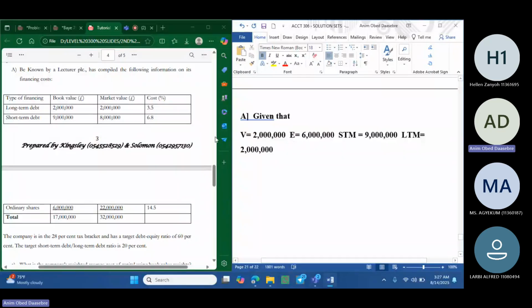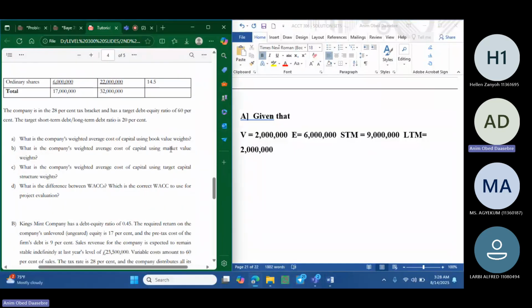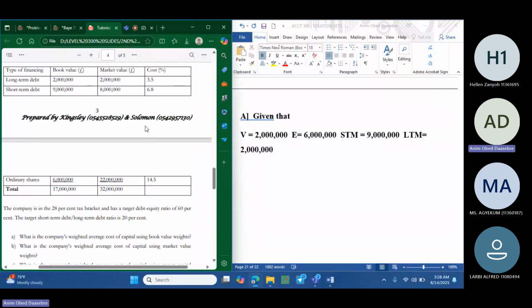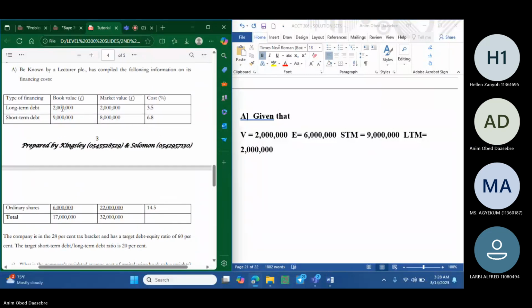Yeah, so these are the information that we need for question A. We are using the book value to find the WACC. So we need the book value, and that is the total of that.